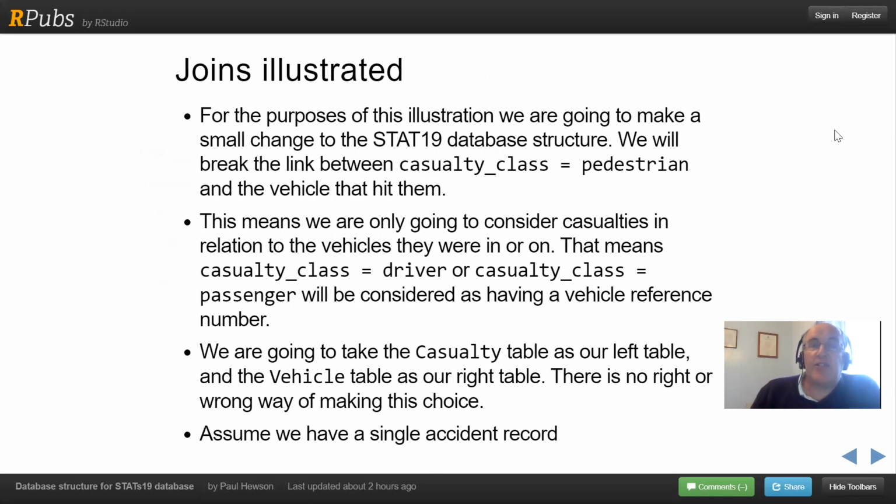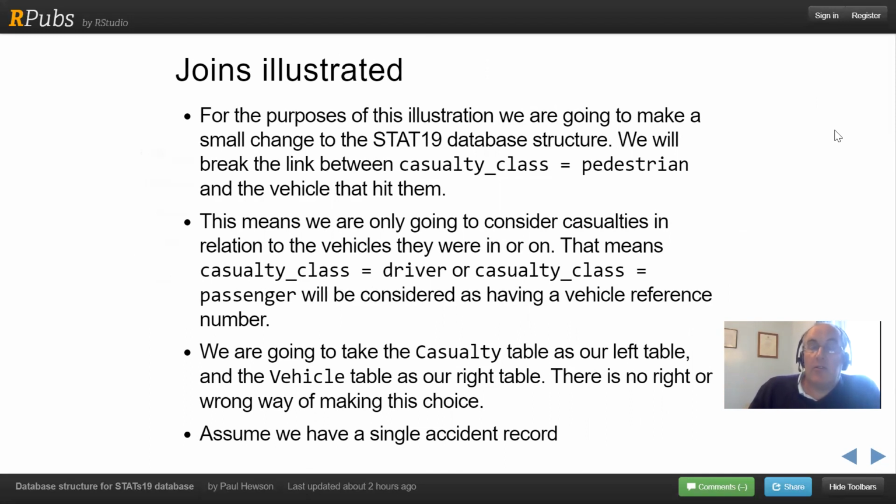for pedestrian casualties between them and the vehicle. We're going to say the pedestrian wasn't in or on a vehicle, so we're going to break that link. We're only going to consider casualties that were in or on a vehicle. We're only going to consider a vehicle existing if the casualty class was driver or the casualty class was passenger.